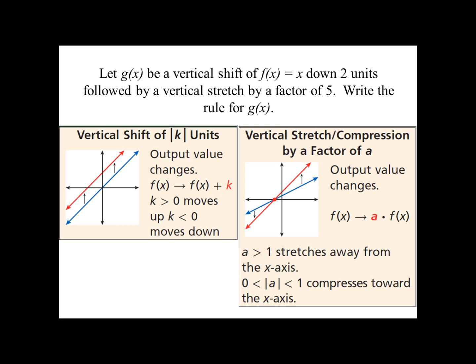So first of all, to move it down 2 units, we're going to need to subtract 2. Then to get that vertical stretch, we need to multiply the whole function by 5. Now you need to make sure you do this in order, because if you do it out of order, you're going to get it wrong.